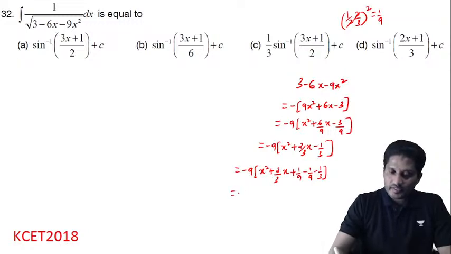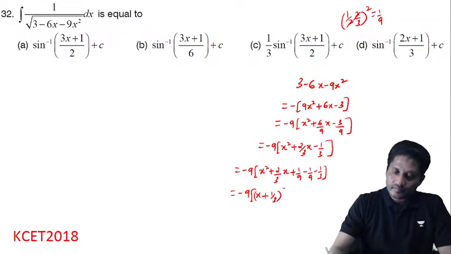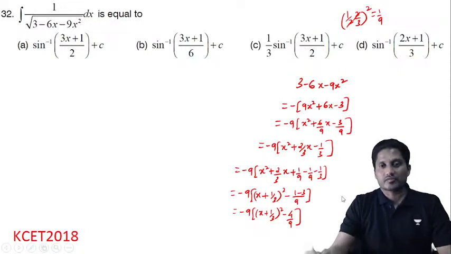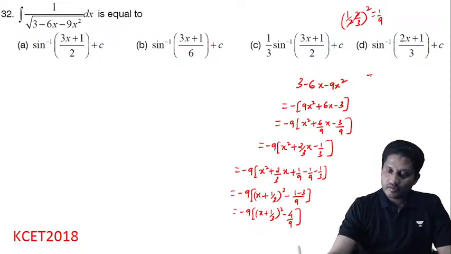The first 3 terms give x plus 1 by 3 the whole square. Taking LCM 9, we get minus 9 times x plus 1 by 3 the whole square minus 4 by 9. If you reverse that, minus will be plus, equal to 9 times 4 by 9 minus x plus 1 by 3 the whole square.